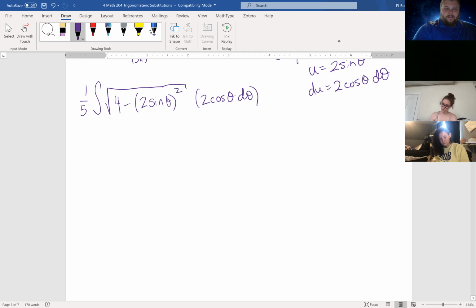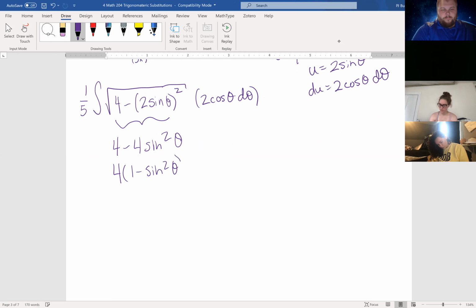So let's look at inside the radical here for a second. This would be 4 minus 4 sine squared, or 4 times the quantity 1 minus sine squared. Again, we know that 1 minus sine squared is equal to cosine squared. And we could rewrite that as 2 cosine theta quantity squared.